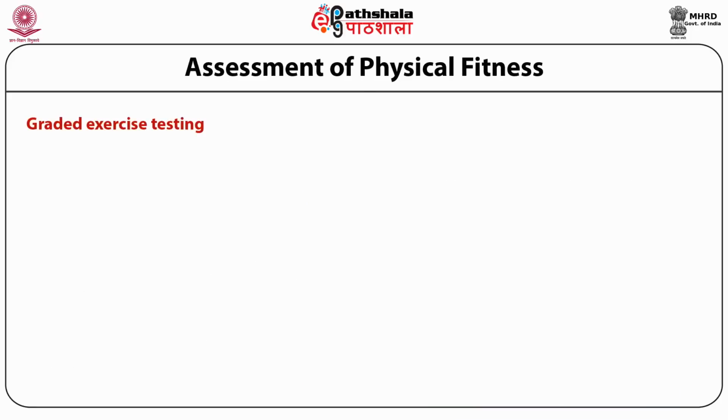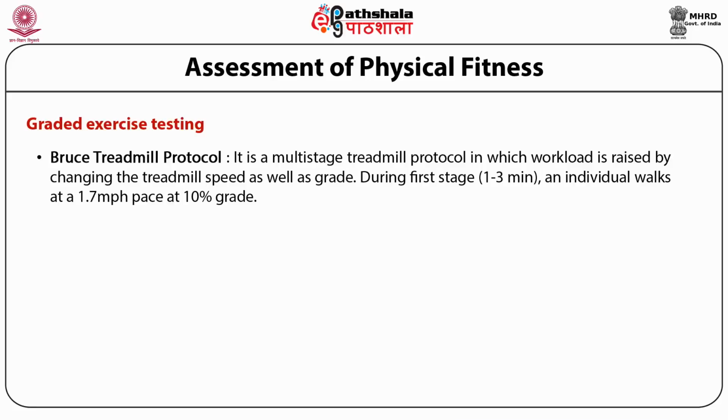Let's have a look at the Bruce protocol in detail. The Bruce treadmill protocol is a multi-stage treadmill protocol in which the workload is raised by changing the treadmill speed as well as the grade.